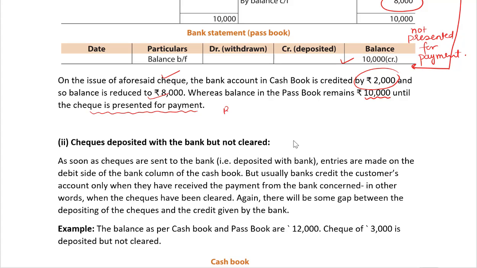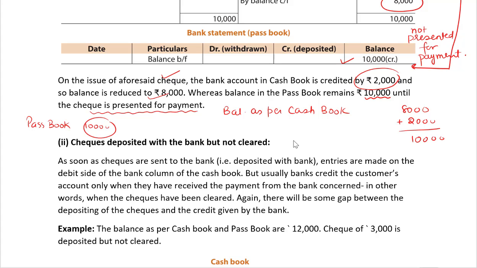Take one more example. Supposing in the question, the balance as per cash book is given. That means the balance as per cash book is 8,000. Now we need to reach the balance as per passbook. The balance in the passbook is 10,000. That means we need to add 2,000 rupees over here and will reach the balance as per passbook, that is 10,000.